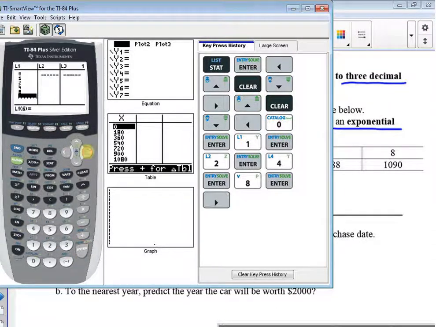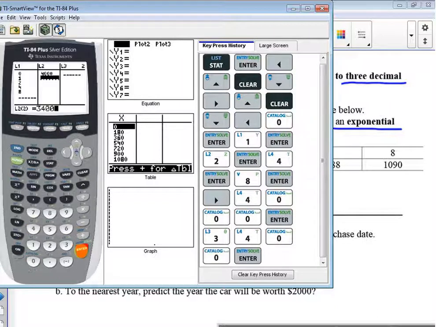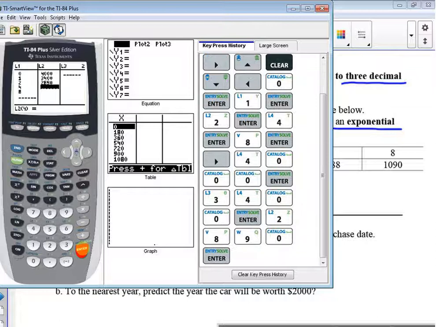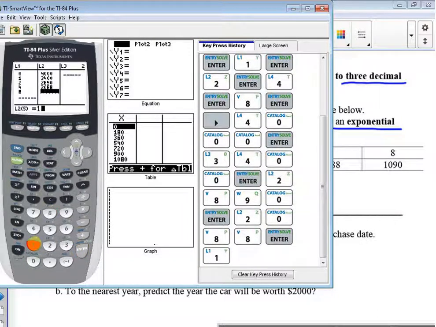And in L2, we will have 4,000, 3,400, 2,890, 2,088, and 1090.